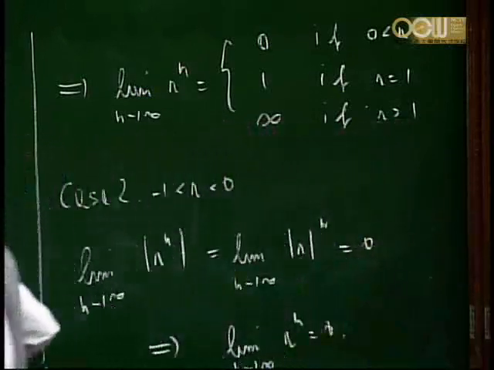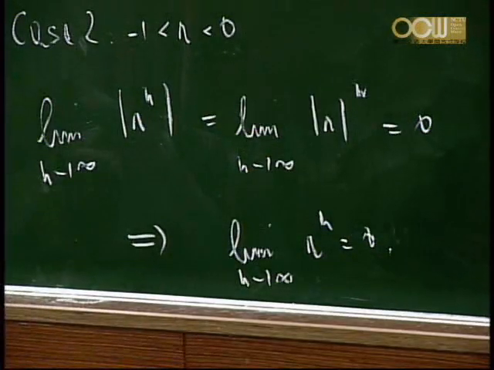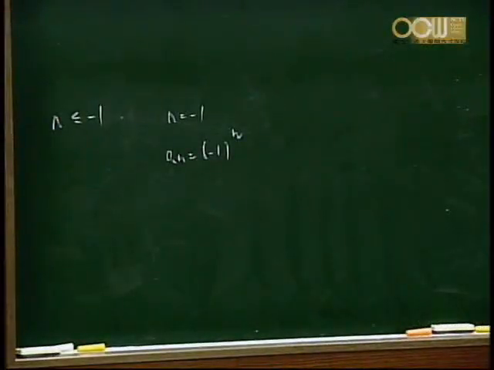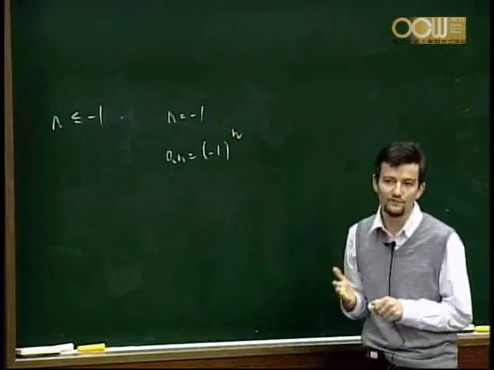And for all other situations, the remaining situation is r is smaller or equal than minus 1. If we look at the case r is equal to minus 1, here we have a_n equal to minus 1 to the n. Of course you know that this sequence is divergent, not convergent.